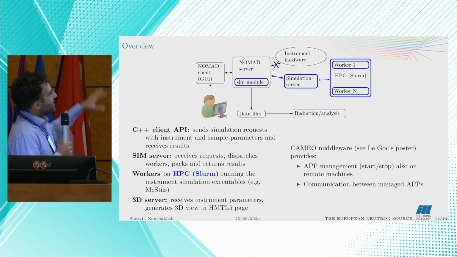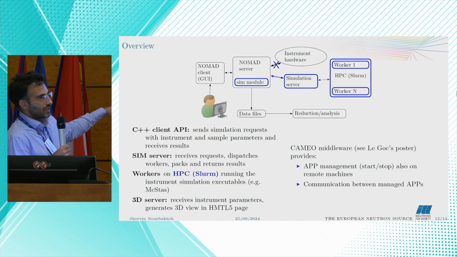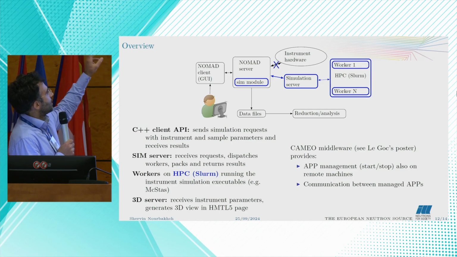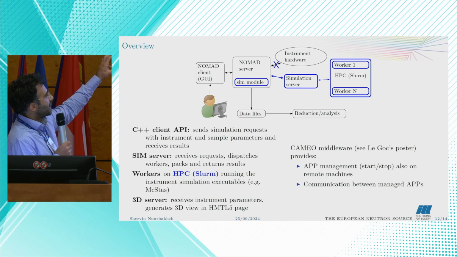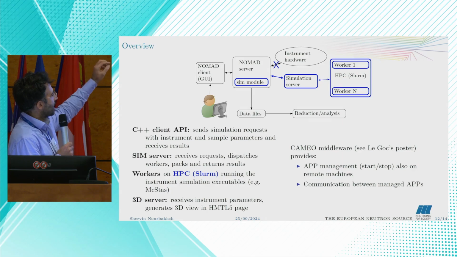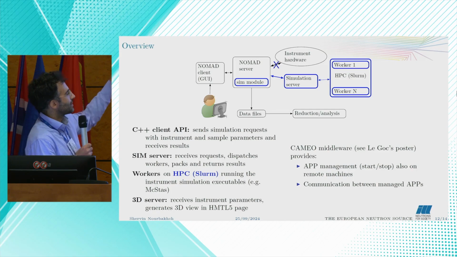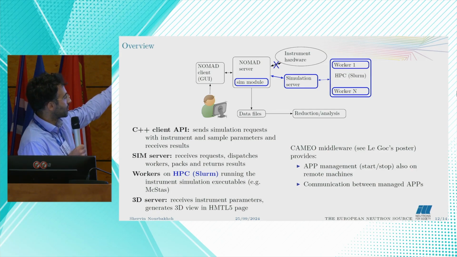So they could also follow what is really happening when changing the configurations. So the entire system is structured in this way. There are 4 main components for the digital twin. One is the C++ client API that is used in the simulation module in the data acquisition system. And this client API is responsible for creating the simulation request and sending it to a simulation server.